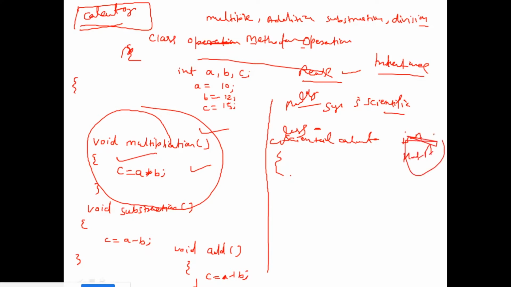Just forget it for now. Make the class mathematical calculation: MCal is equal to new MathematicalCalculation, the full class name, right? And just call mcal dot multiplication function.